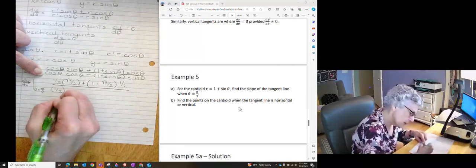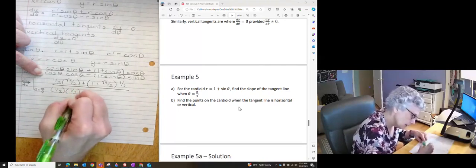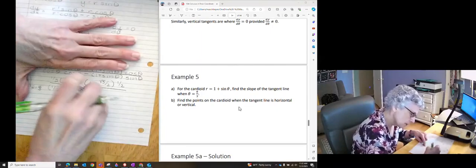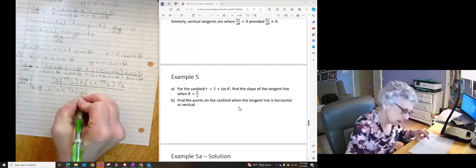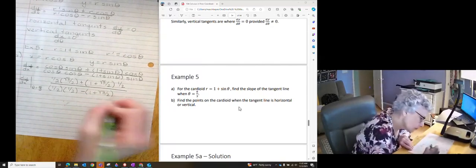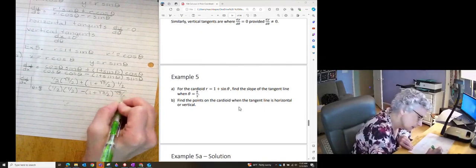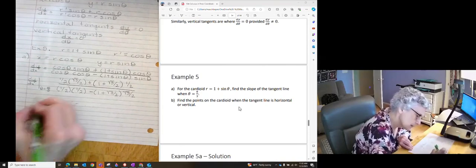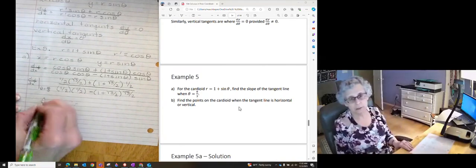All of that divided by cosine of pi over 3, times cosine, minus 1 plus square root of 3 over 2 times square root of 3 over 2.